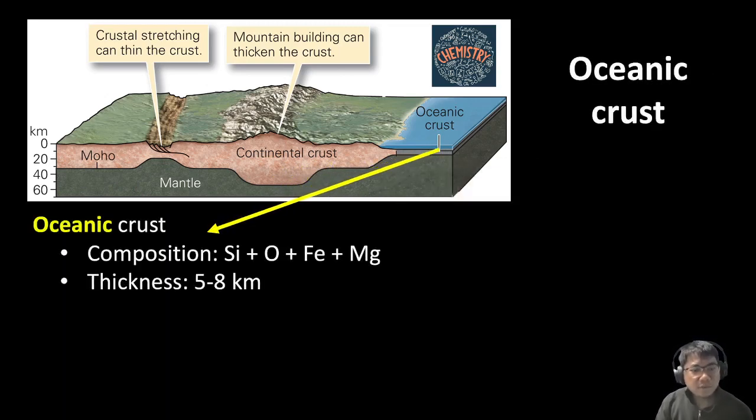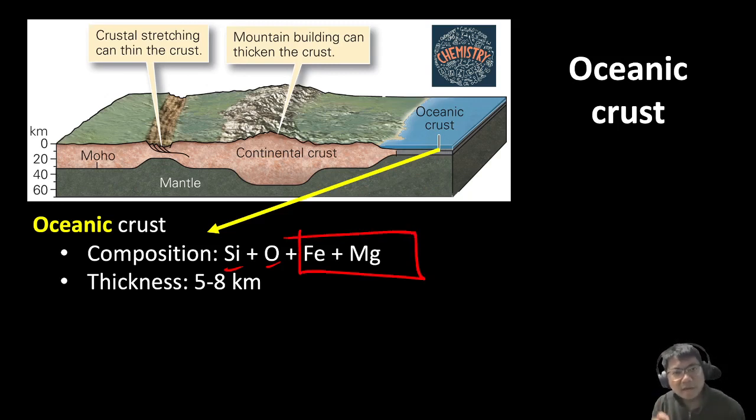And what about the oceanic crust? Well, the oceanic crust, because it is crust, does have some silicon and oxygen as well, but the oceanic crust is kind of different. It actually has much more iron and magnesium, and these are metallic elements, so there are a lot more metal elements within the oceanic crust.